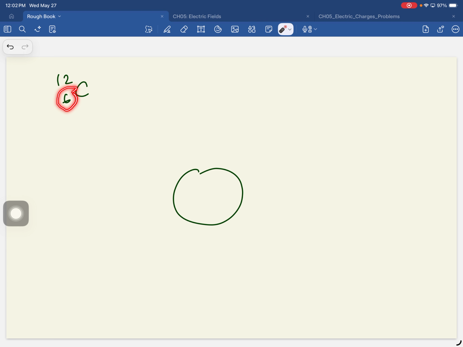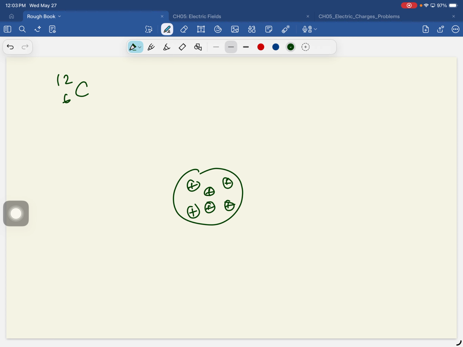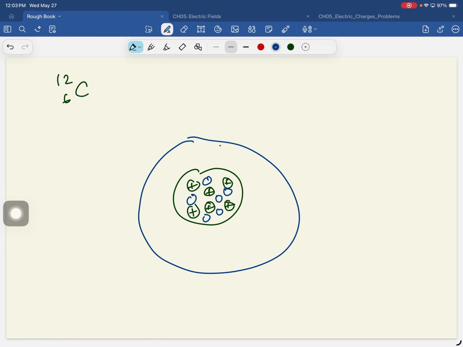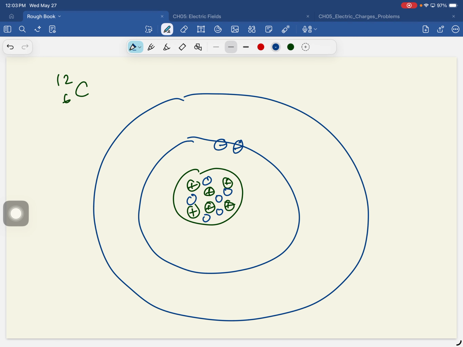This tells you it has 6 protons, and this tells you how many protons and neutrons it has. And then, since the carbon atom is neutral, it must have 6 electrons.